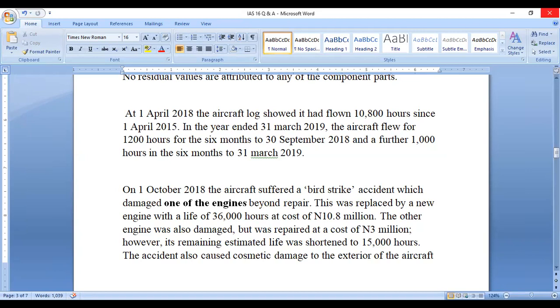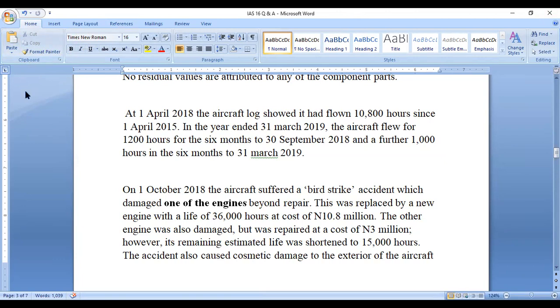We are told that this account is for the year ended 31st March 2019, so this year's statement started from 1st April 2018 to 31st March 2019. From our computation, we've been able to get the depreciation value of this damaged engine to 1st October 2018.